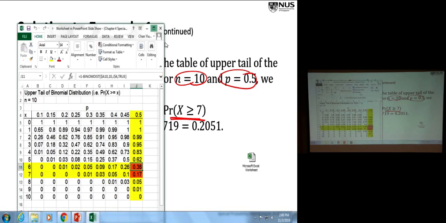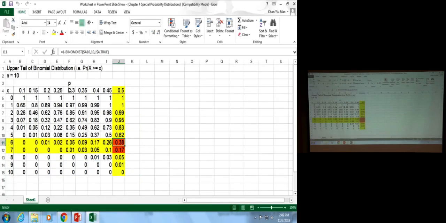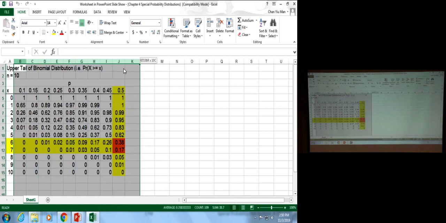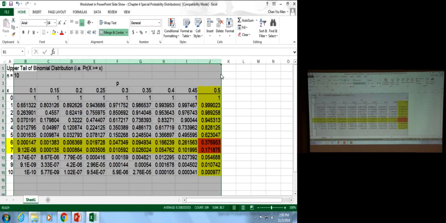So this is the table that I mentioned. This one is for n equal to 10, and p equal to 0.5 in this case. Maybe I make it bigger, with more decimal places.